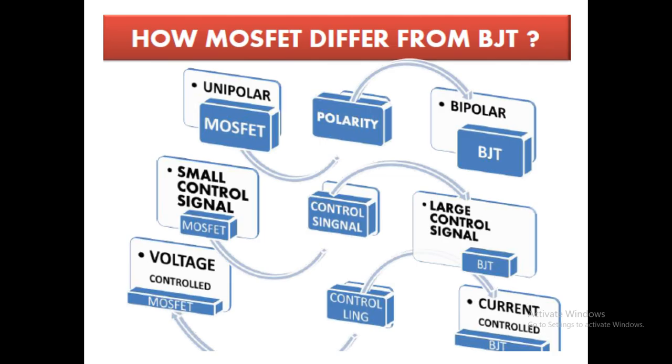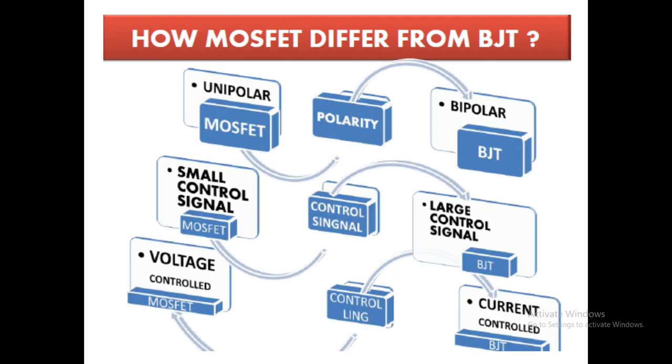And how the MOSFET differs from the BJT: the MOSFET is a unipolar device, so the conduction is only due to the majority carriers, and the BJT is a bipolar device, so the conduction is due to majority and minority carriers. The control signal used for the MOSFET is a small control signal, since it is a voltage controlled device, while for the BJT we require a large control signal, since it is a current controlled device.